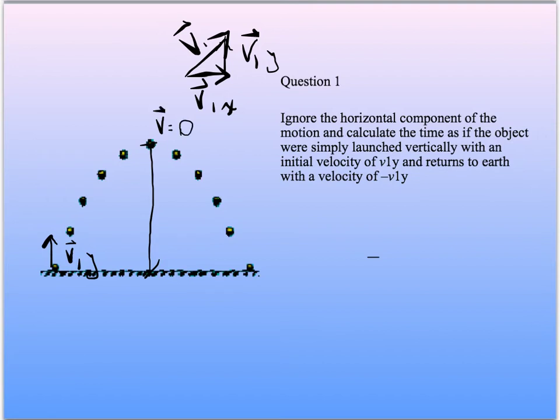So for the purposes of this discussion, let's call acceleration due to gravity just 10 meters a second squared. Let's say that this v1y is 30 meters a second. Initially, this ball has a velocity of 30 meters a second upward.